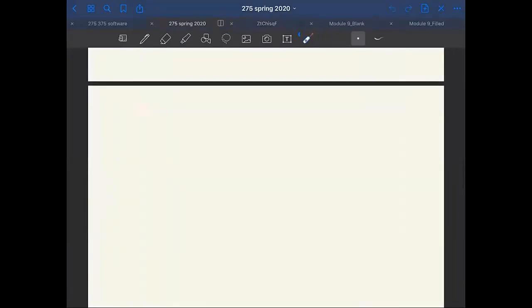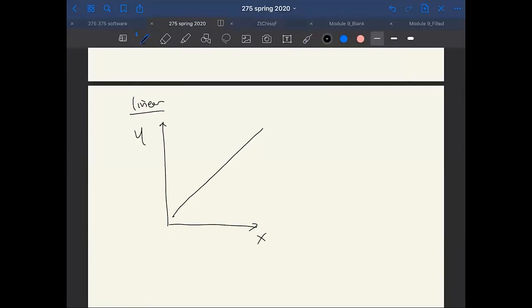Linear here means the relationship between x and y is a straight line. What I just drew here is a positive linear relationship. It could also be a negative relationship.